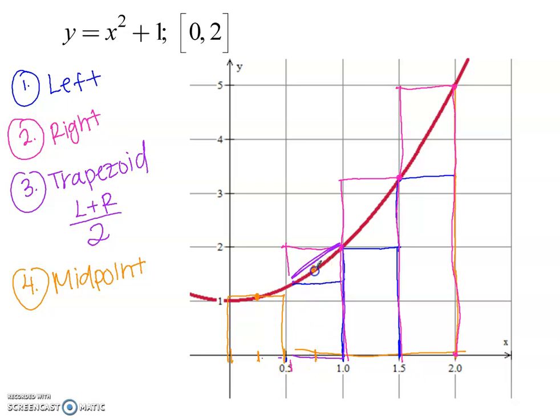You would go to the middle and create a rectangle using that point as your height, and then add up those 4 rectangles. Looking at it from a graph and drawing in all the shapes makes it look a little more complicated than it is. So usually what we're going to do is just work from tables we make from the equation.